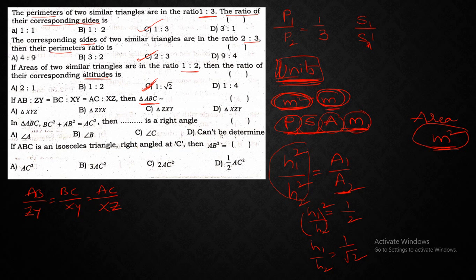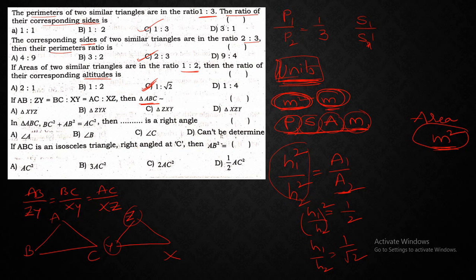Right? So when I draw the figures, suppose I take AB, then I need to consider ZY or YZ. We don't know whether Z is present here or here. Next, BC. If I consider BC here, then XY. So BC and XY, if I consider X here.